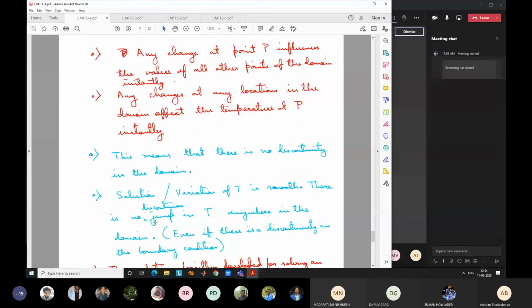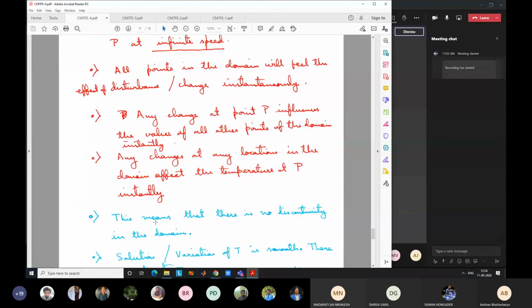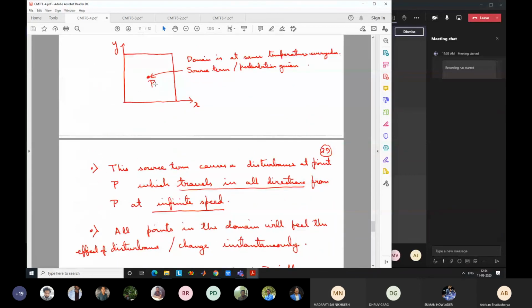Why? This means that in any solution algorithm that we develop, say we have discretized, what we mean by discretization will come later, but say we want to find the temperature at this point P. The calculation of the temperature at this point P should involve all its surrounding, all the neighboring points from all directions, not only the neighbors from one side or the other.